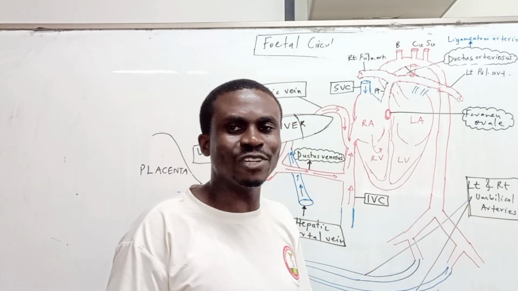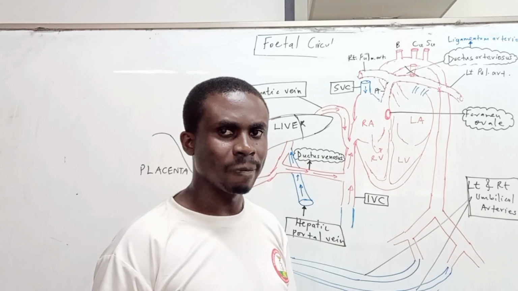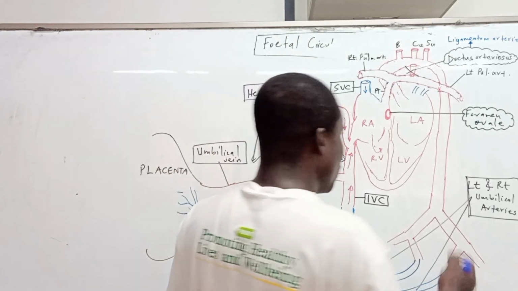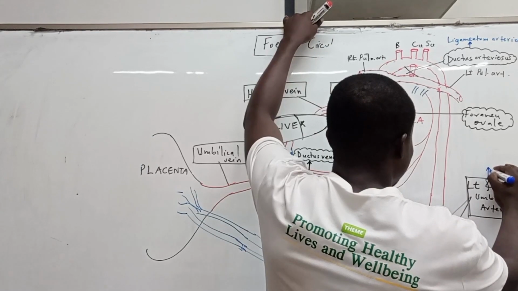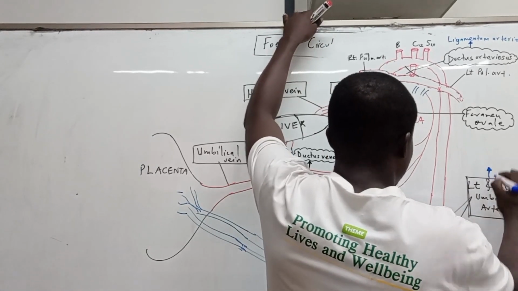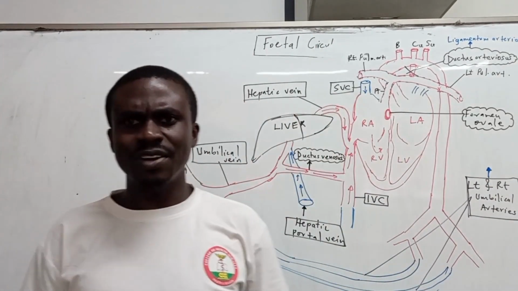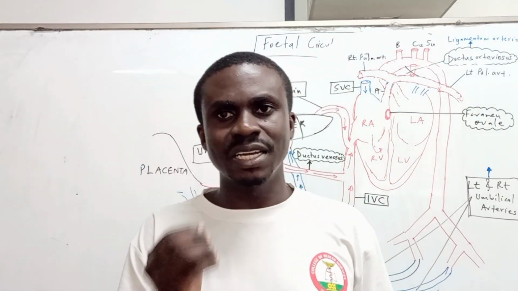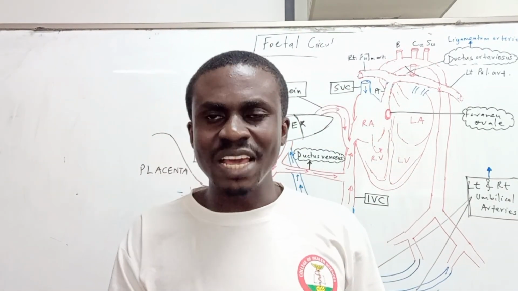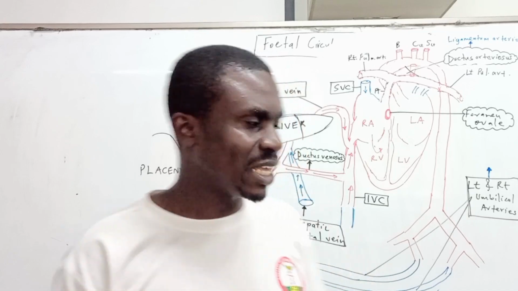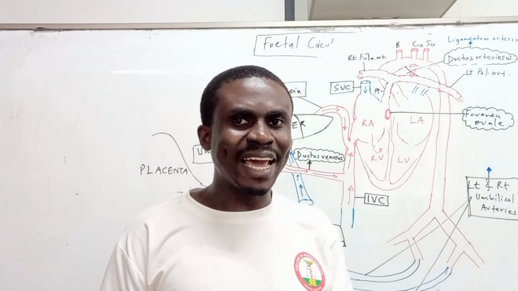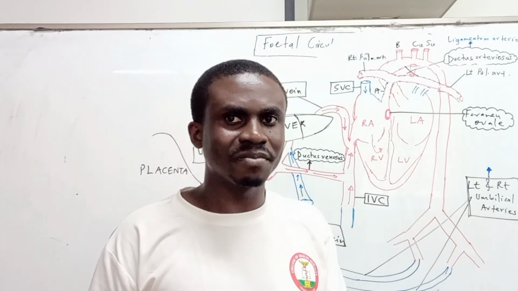So that one too will get obliterated. And then getting obliterated, it will form what? One thing that I want you to become aware of, which I've seen that oftentimes you are told, is that they will become left and right medial umbilical ligaments.